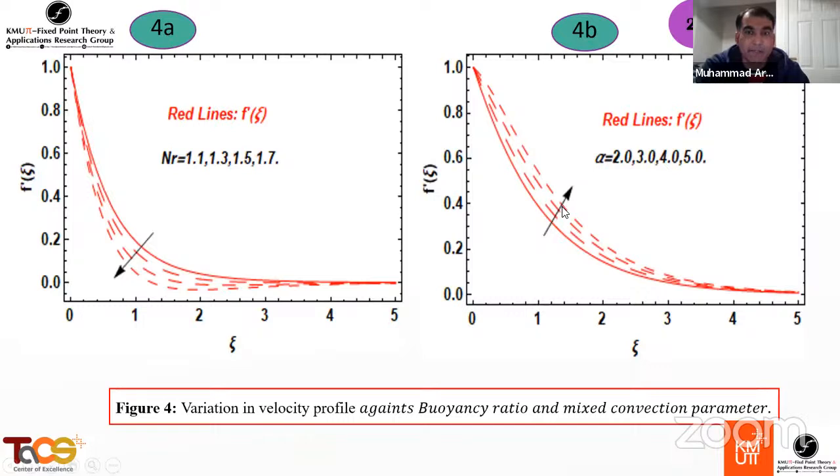Similarly, the buoyancy ratio and the mixed convection parameter alpha are shown here. The mixed convection parameter is responsible for accelerating the fluid velocity. By increasing this mixed convection parameter, the fluid velocity accelerates.